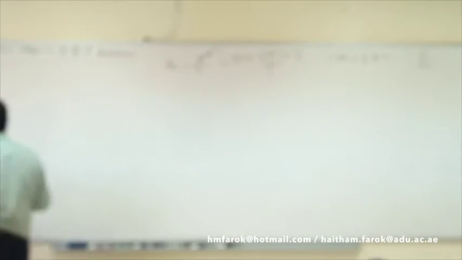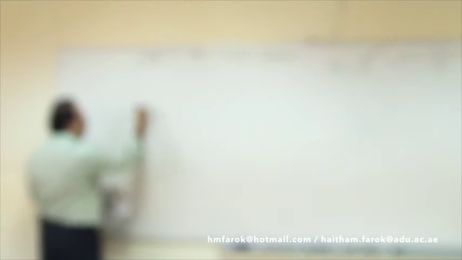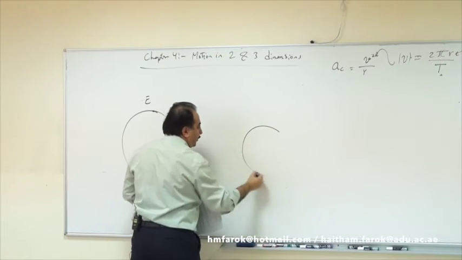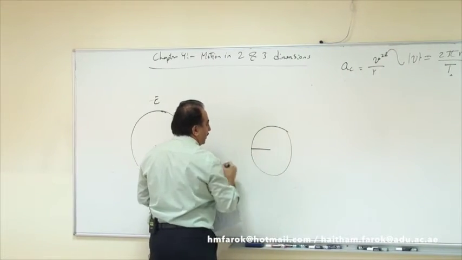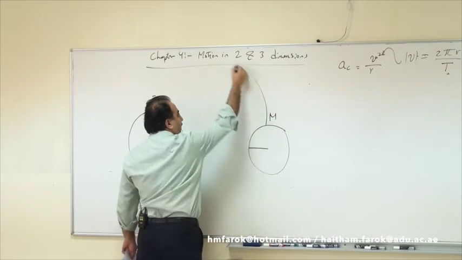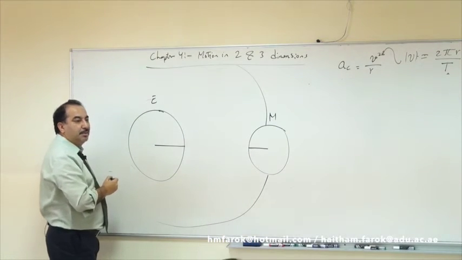Look here, I'll draw it here. Now this time you have two planets. Earth and the moon, smaller. But the moon goes around in circular motion. Where is the radius of the circle?